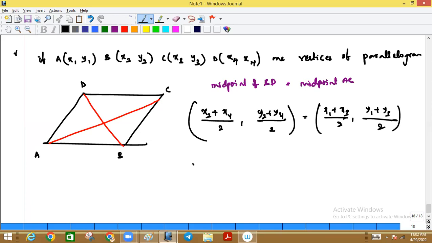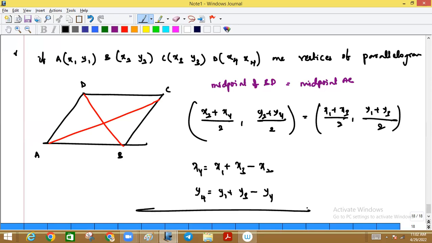If I equate them, I'll get x4 is equal to x1 plus x3 minus x2, y4 is equal to y1 plus y3 minus y2.